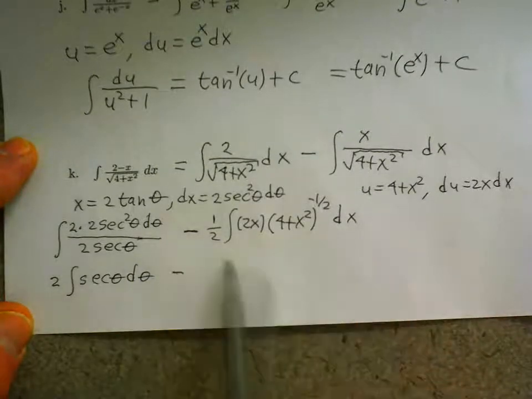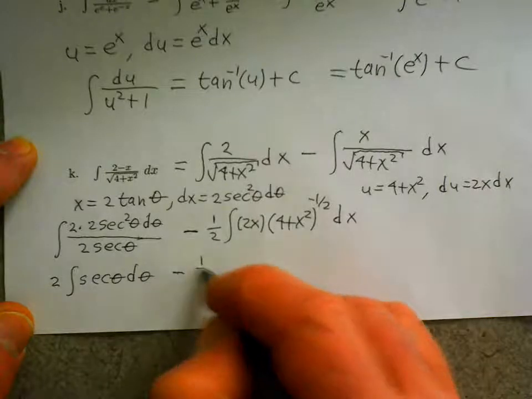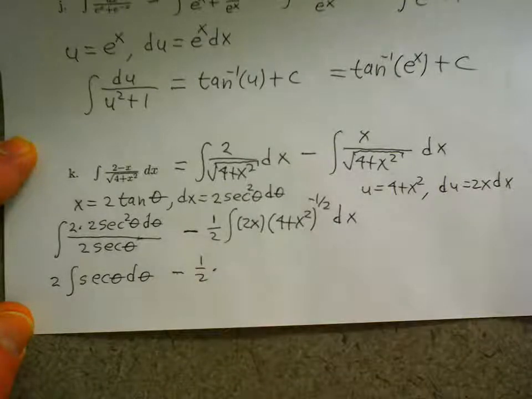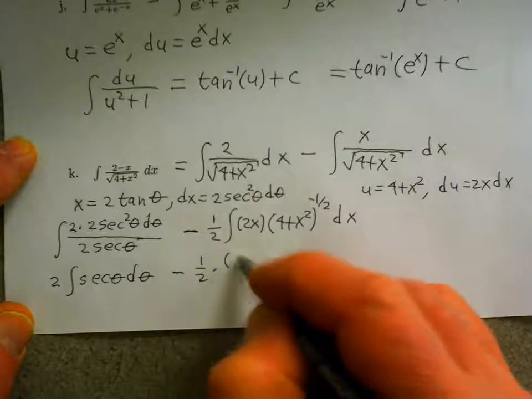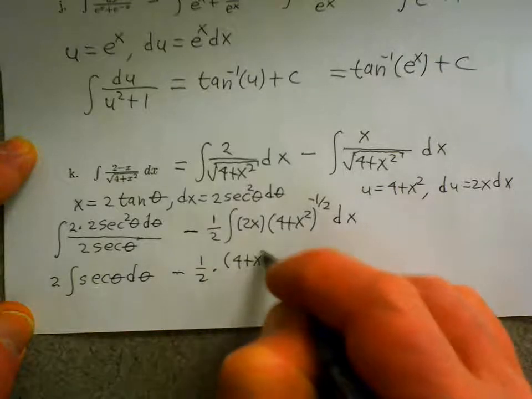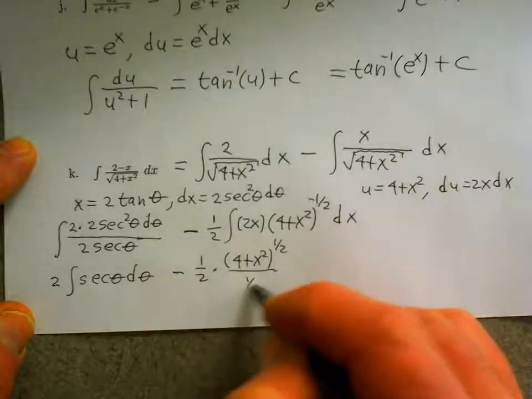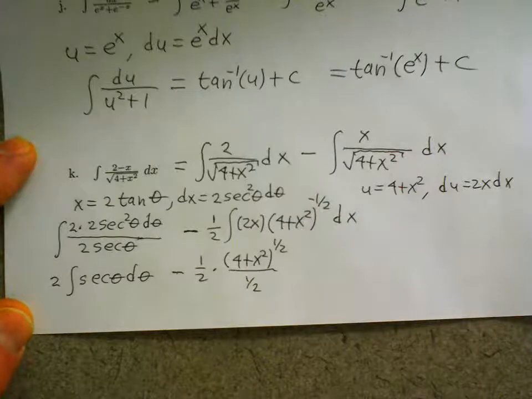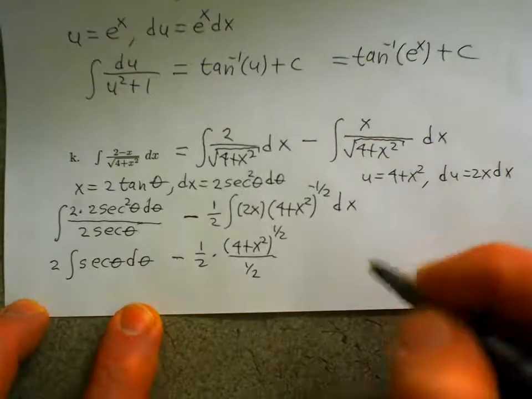We might as well go ahead and evaluate this one. We get minus 1/2 times the quantity 4 plus x squared to the positive 1/2 divided by 1/2. And a little bit further.